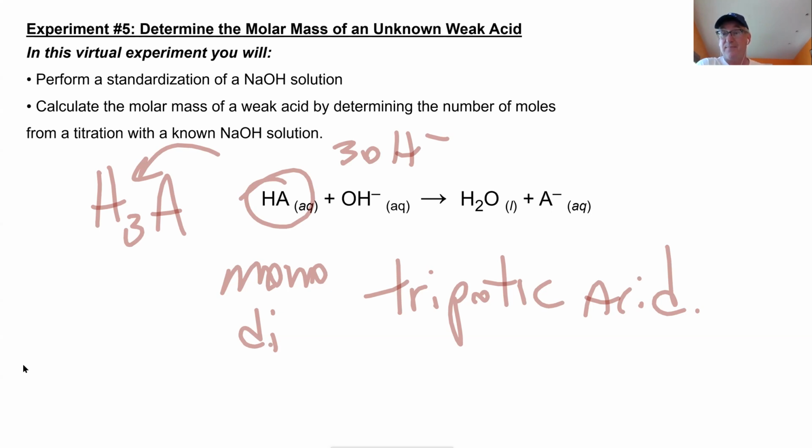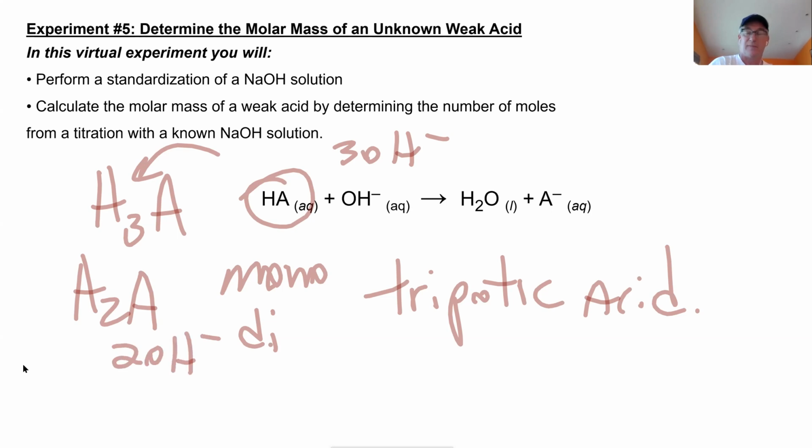So you need to write a balanced chemical reaction. If it's a diprotic acid, it would be H2A, and you would need 2 moles of hydroxide to titrate it. So make sure that you don't fall into that trap, like a lot of people did.